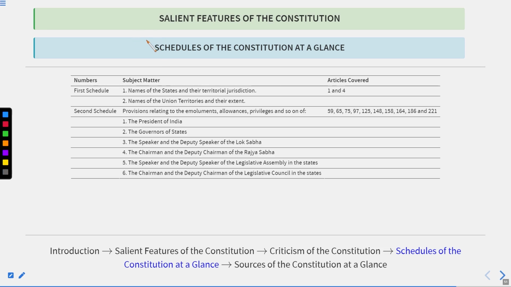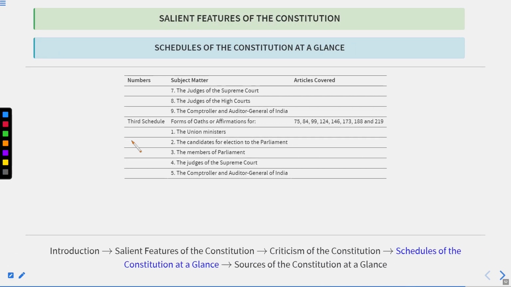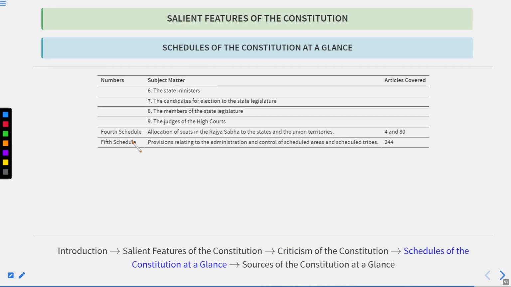Thereafter, the schedules of the constitution at a glance. These are just schedules, so I'm not going to explain them. I'm just showing the table. You are required to see the details and you will get the notes of them. First schedule contains the names of the states, territorial jurisdiction, and other things, similar to the second schedule. Thereafter, third schedule, here you could see them.